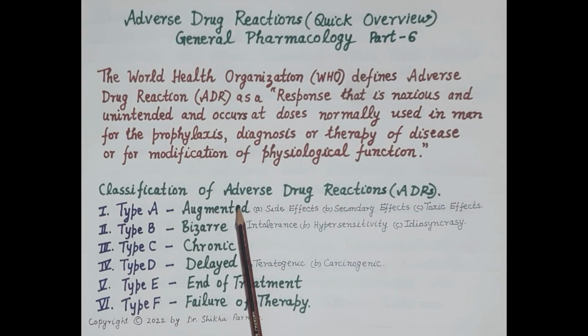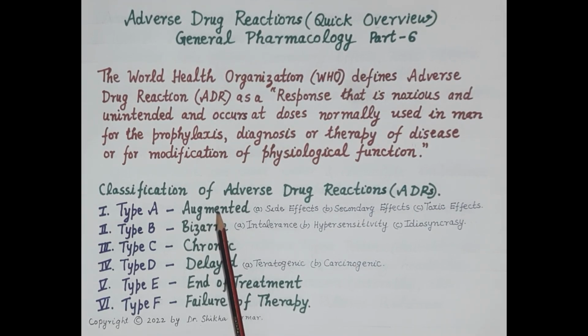Now let's quickly classify adverse drug reactions. This is a classification of adverse drug reactions. Adverse drug reactions are classified in 6 main categories. First is type A. Type A are the augmented responses of a drug. Augmented responses are the exaggerated or increased responses of a drug at normal therapeutic doses.